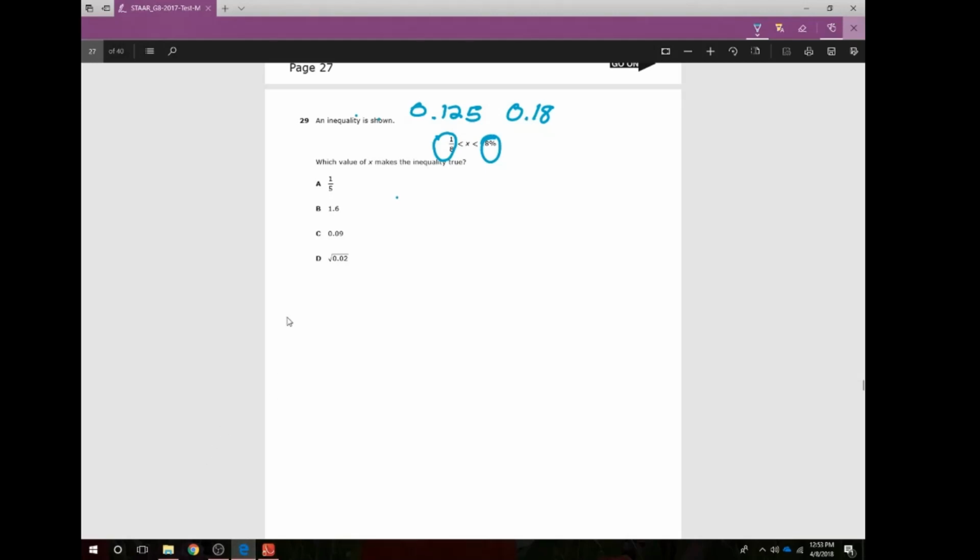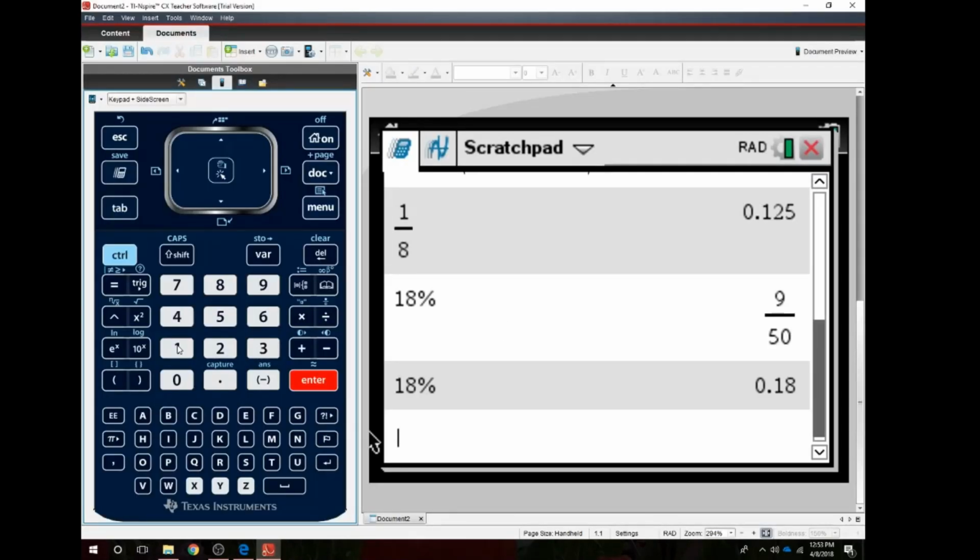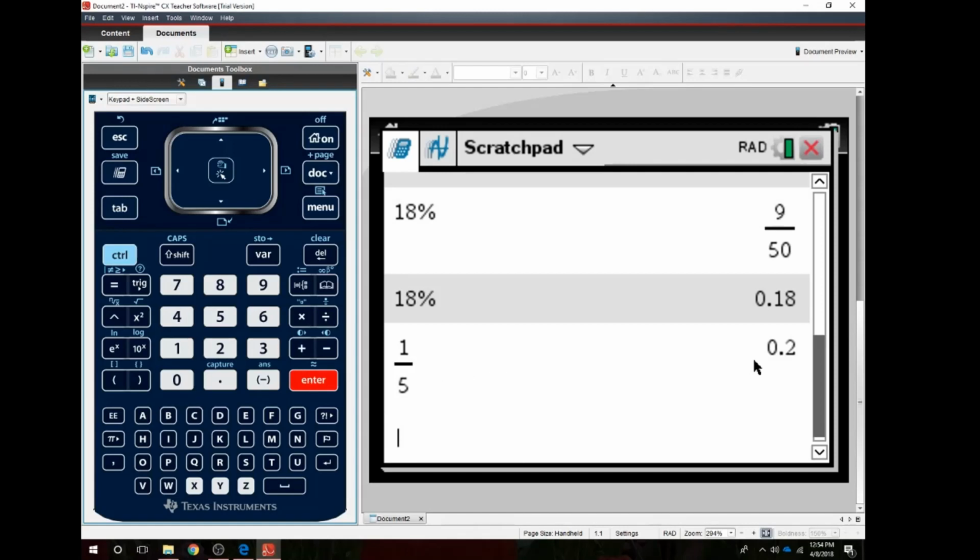Next, I have to convert my answer choices to decimals to see which one is between 0.125 and 0.18. So let's do 1/5. Again, 1/5 is 1 divided by 5, Control Enter.